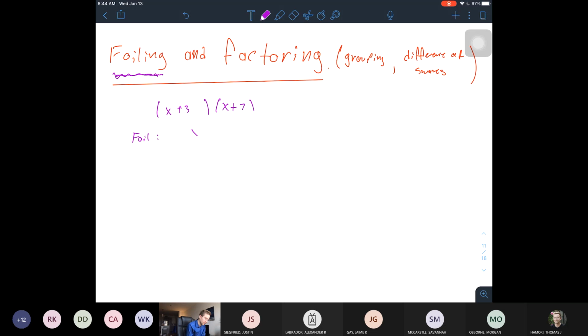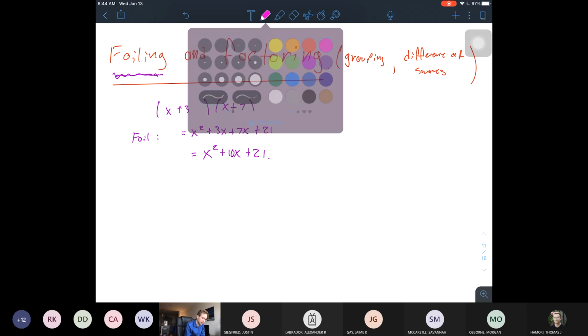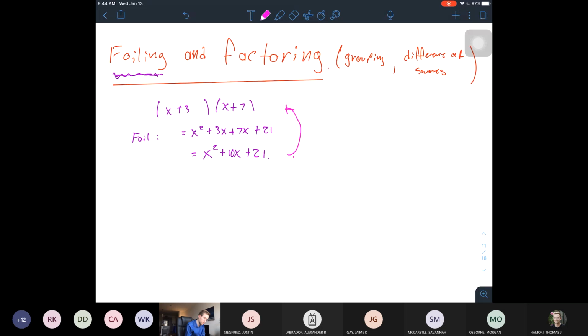That would give us x squared plus 3x plus 7x plus 21, and we would combine that to x squared plus 10x plus 21. And now we want to work on going backwards.